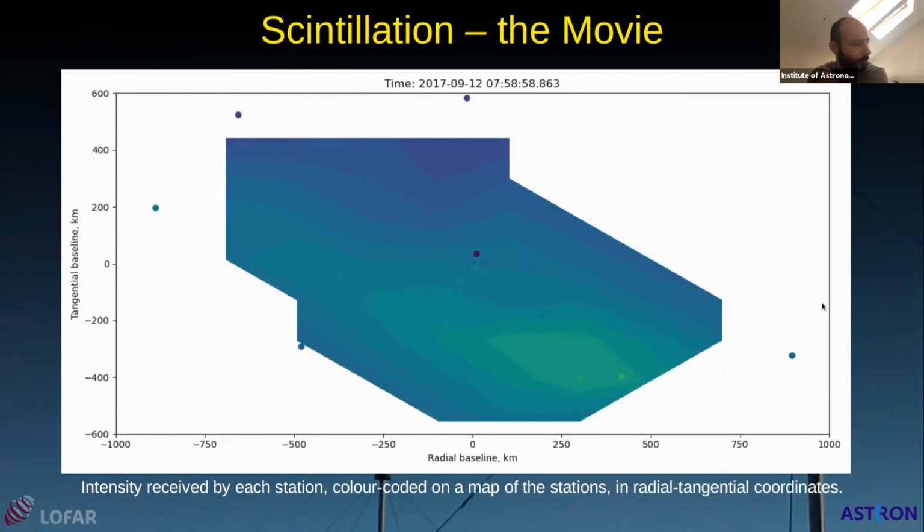And is the calibration of each international LOFAR station, do you need good calibration between the stations, or can you kind of normalize? Depends what you mean by calibration at this point. I suppose in terms of the received intensity or measured intensity, if that makes sense. Yeah.